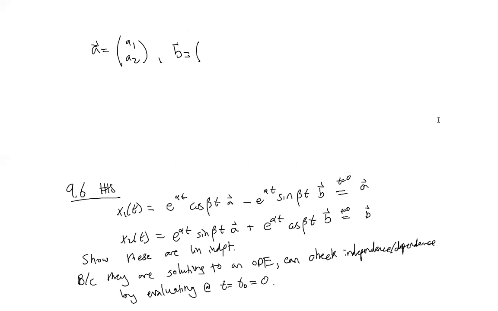What if A is 0, then they can't be linearly independent. Yeah, if A is 0, it does seem like that. Wait, did I evaluate these wrong? At t equals 0, this becomes 1, this becomes 1, this becomes 0. Yeah, I think that's right.